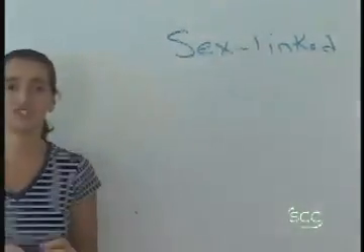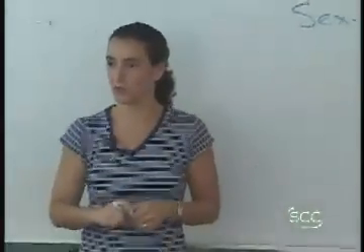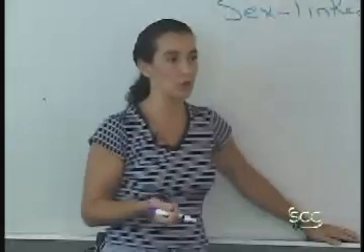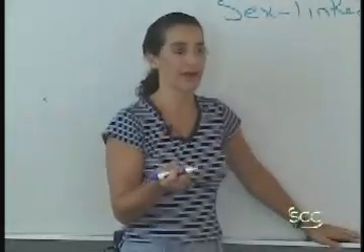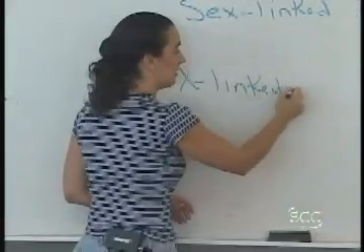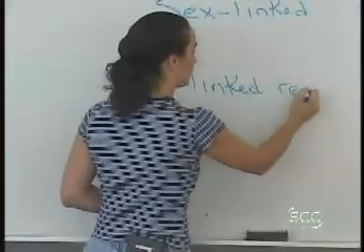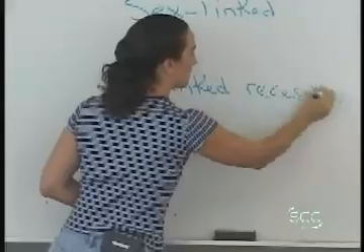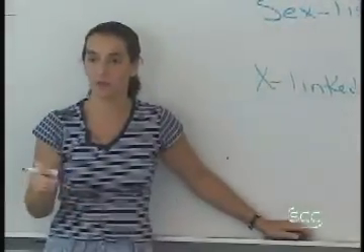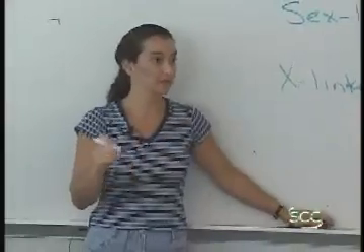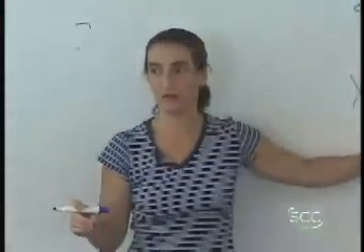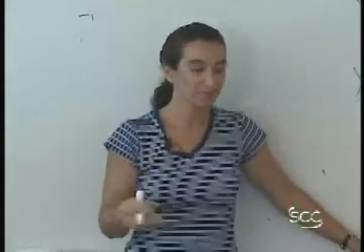Now, if a gene is linked to the sex chromosome, it can either be to the X chromosome or to the Y chromosome. All that we're going to look at are X-linked recessive forms of inheritance. Okay? Doesn't mean that it can't be X-linked dominant, or it could be Y-linked recessive or dominant. But we're going to just look at a few X-linked recessive forms of inheritance.